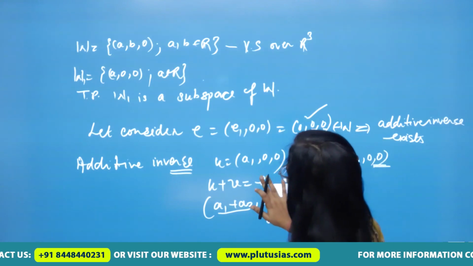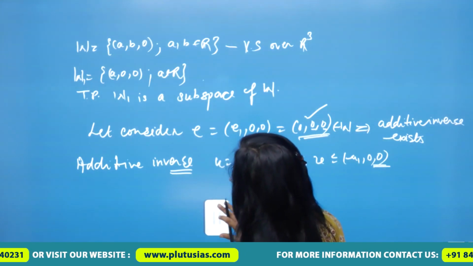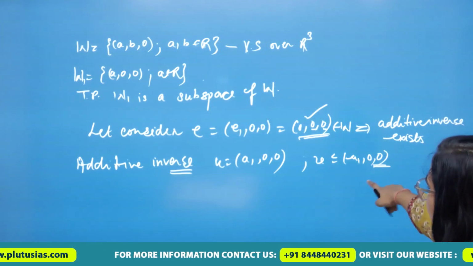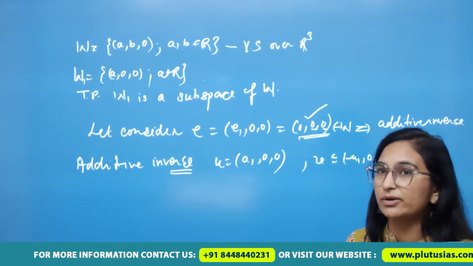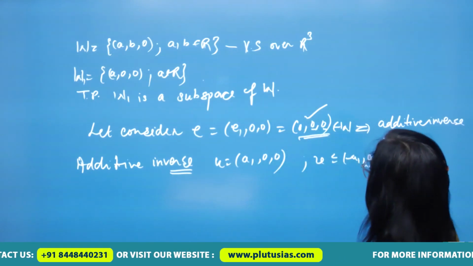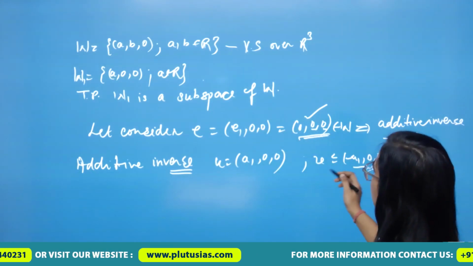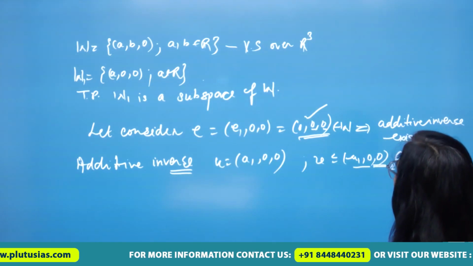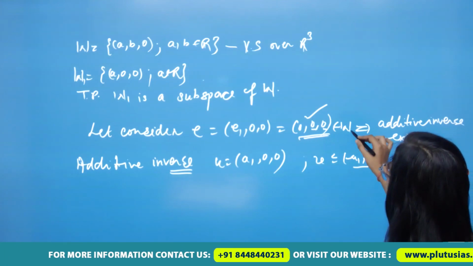Now we will prove that this belongs to W, because we need to prove that this element belongs to W. a1 was any real number, so minus a1 would also be a real number, and hence it satisfies being an element of W1.